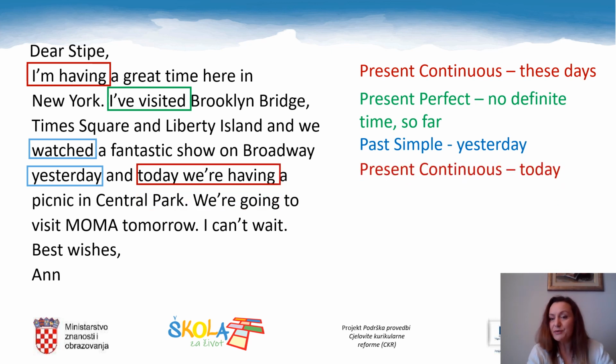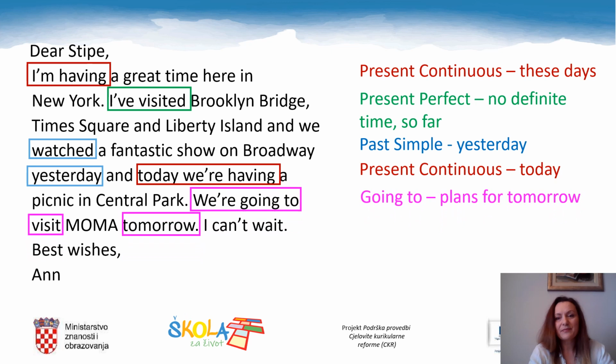Present continuous to talk about what you're doing right now or today. Going to, for expressing your plans for tomorrow maybe, or next week, next weekend. Following this link, you can revise the use of the verb tenses in the sentences.